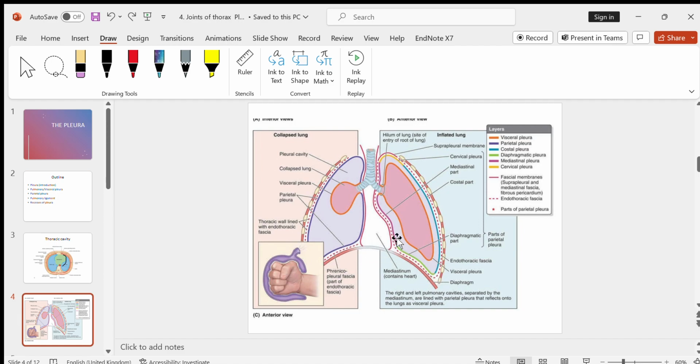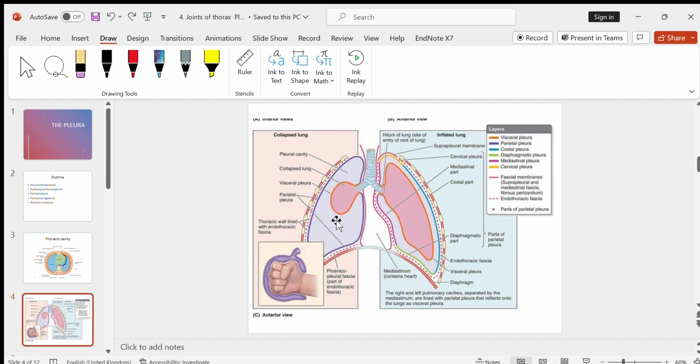Next, the fourth part of parietal pleura is the mediastinal pleura. This magenta line is the mediastinal pleura. So the parietal pleura has four parts: first is the cervical pleura, then the costal pleura, third the diaphragmatic pleura, and fourth the mediastinal pleura.